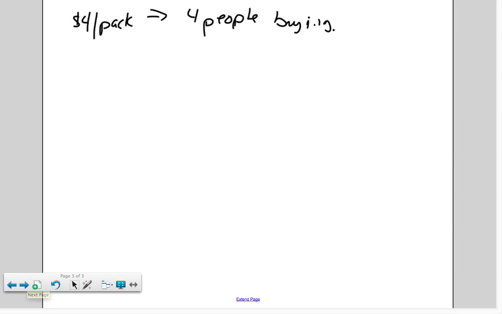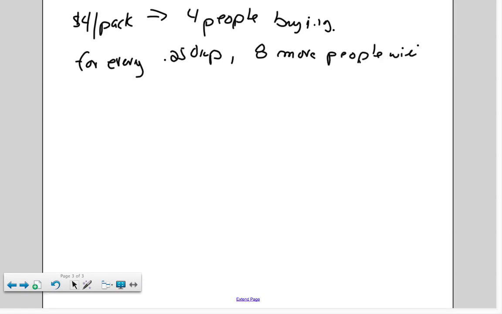But what I determine is that for every 25-cent drop, eight more people will buy. So for every 25 cents in drop, right, 8 more people will buy it. What price should I sell these for?